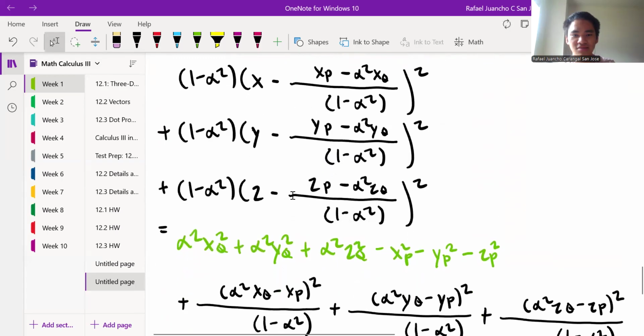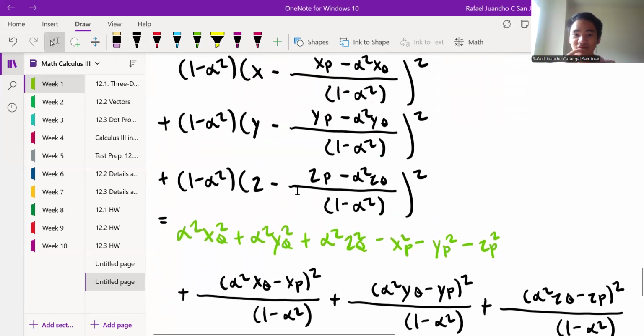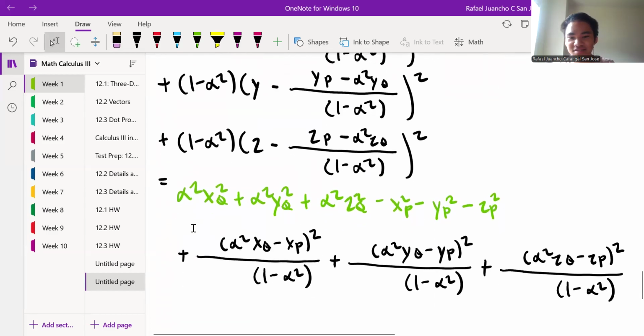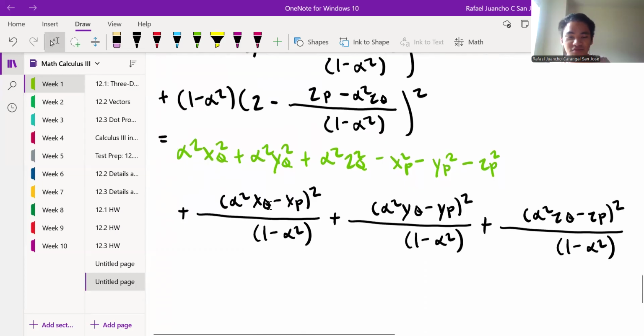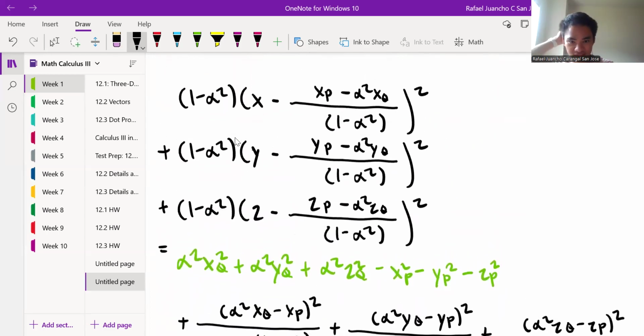So I'm adding these and I'm equating it to this thing. So now this is an equation of a sphere, right? This is basically just some number, right? Because we don't have any x's and y's anymore. xq, xp, yq, yp, zq, zp. Those are all just constants. The alpha is some multiplier that we have that's given to us at the beginning, which is also a constant.